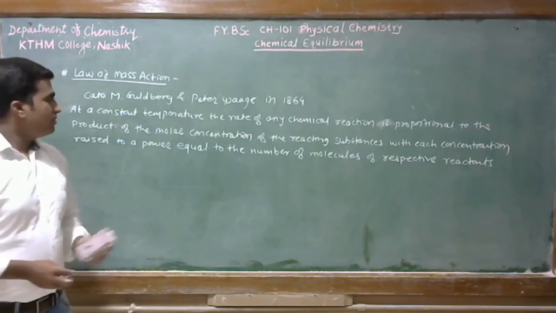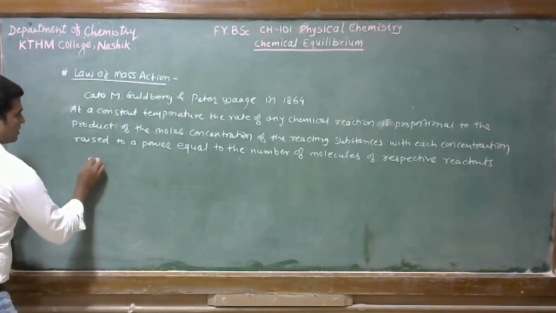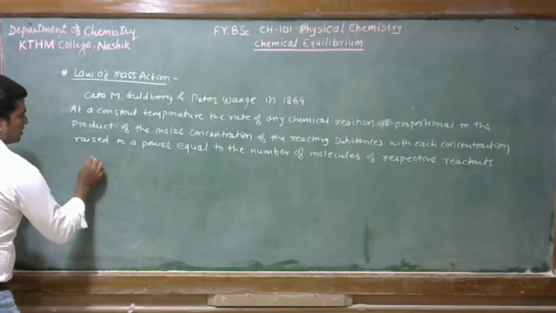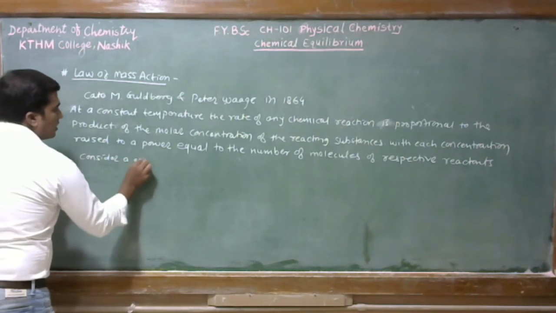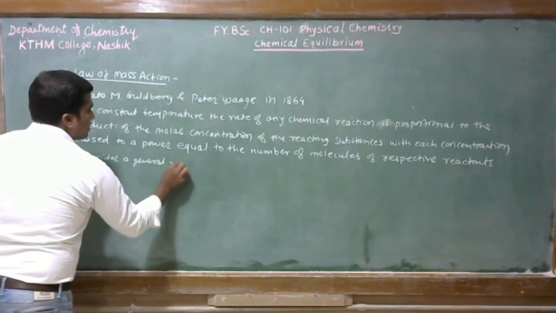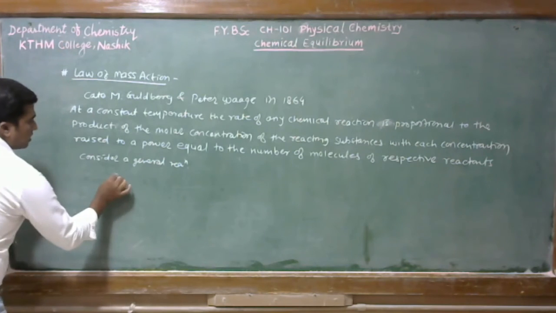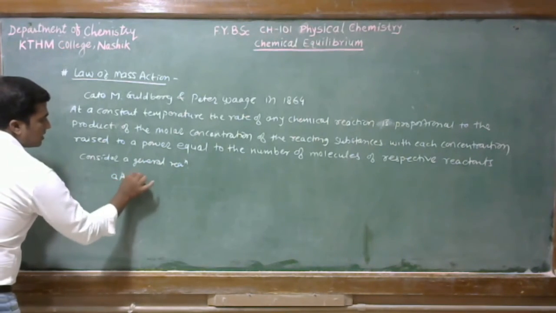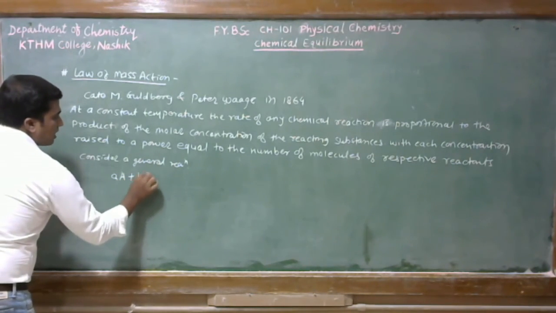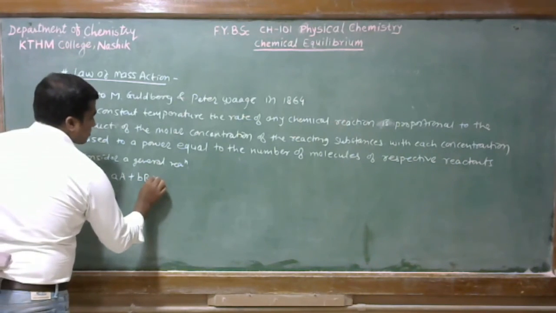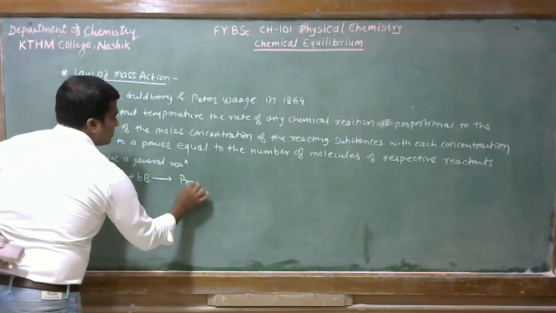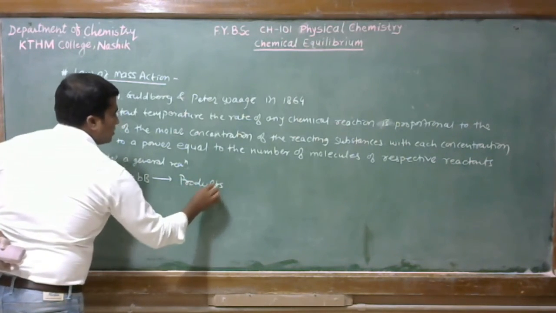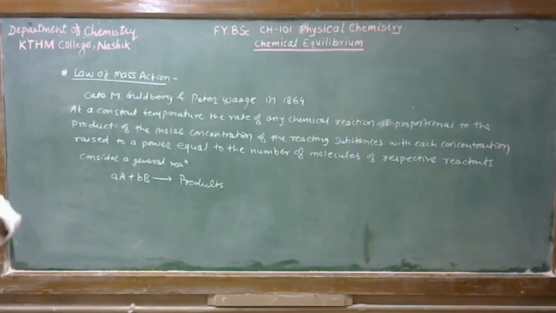Consider a general reaction: small a into capital A plus small b into capital B gives the products. Okay. So this is the general reaction.